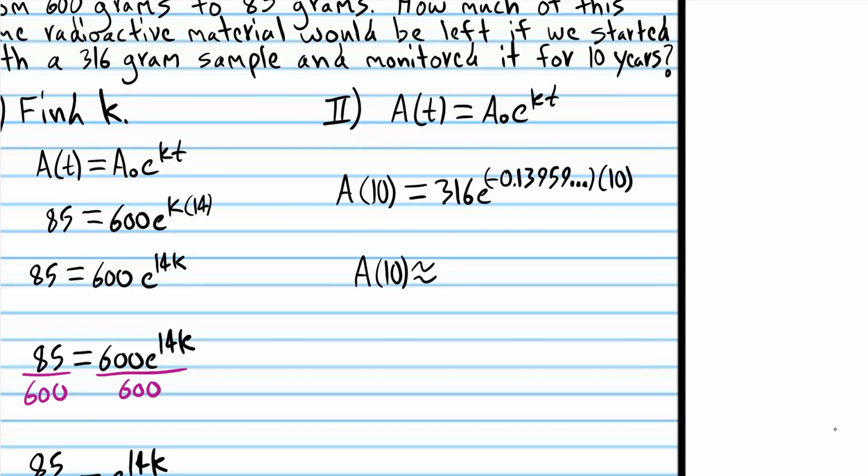So again, there's a lot of different ways you could do this. If you're using a TI-84 Plus, you can enter 316, keeping that number in your calculator, and then press the blue second button and then the LN button. So you should have 316 e to the template, or to the box.